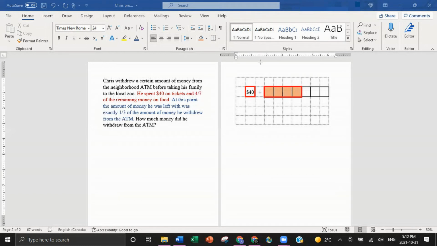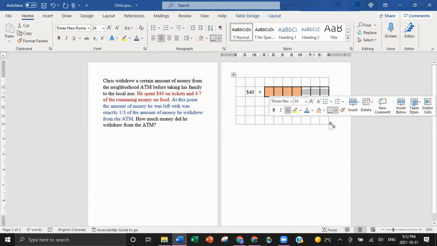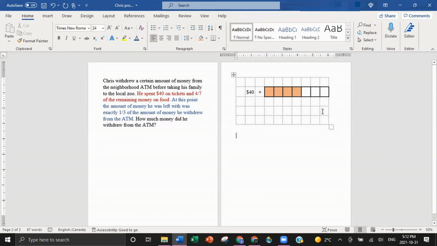So right now we are left with 3 cells, meaning 3/7 of the money after he has spent $40. And it says the amount of money he was left with was exactly 1/3 of the amount of money he withdrew from the ATM. So this is 1/3 of all the money he withdrew from the ATM.